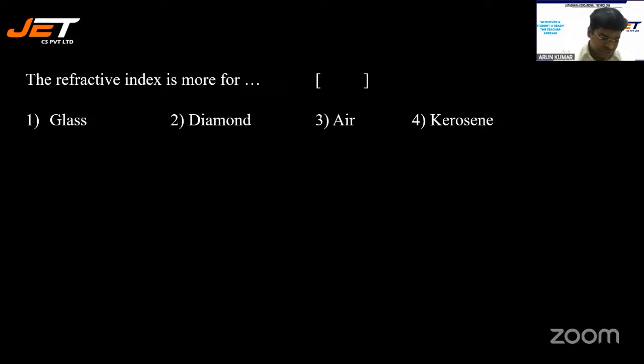Vinay, there are so many who are brilliantly answering. Okay, this is a factual question, students. I'm getting mixed response on this one. Here is a fact. It's diamond. It's more for diamond amongst all four. Highest is for diamond.